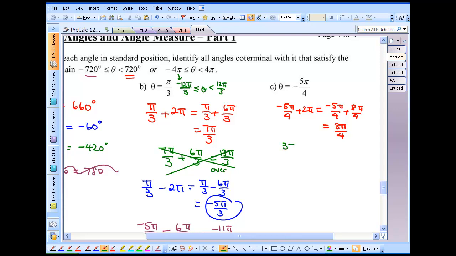I think this one we should keep going. 3 pi over 4 plus another 8 pi over 4. That's 11 pi over 4. I think we can stop here. I will then ask you to go and subtract 2 pi.